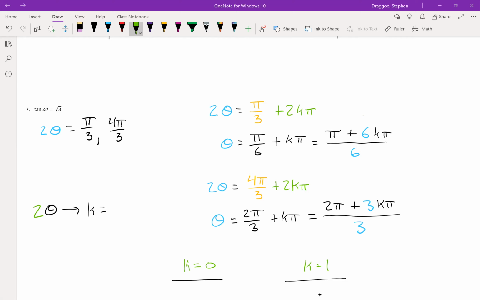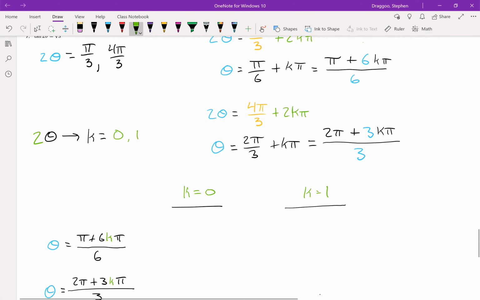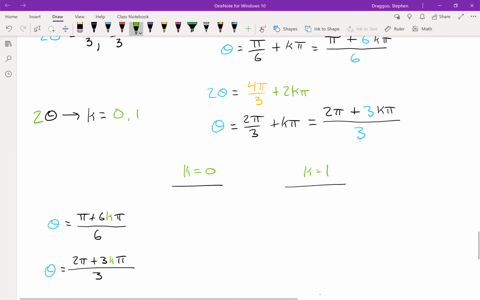So come back to the original equation. I had tangent of 2 theta, which means that I'm going to look for k being equal to 0 and 1. So I should have 2 values for k because I had 2 theta.